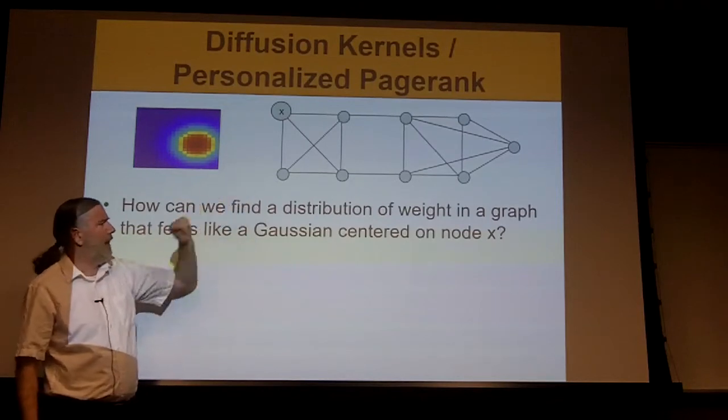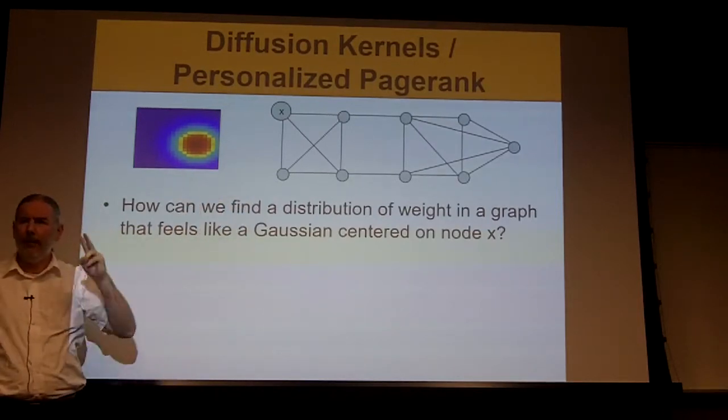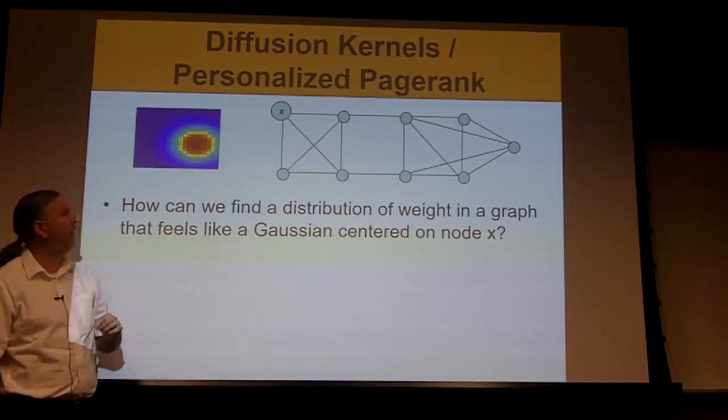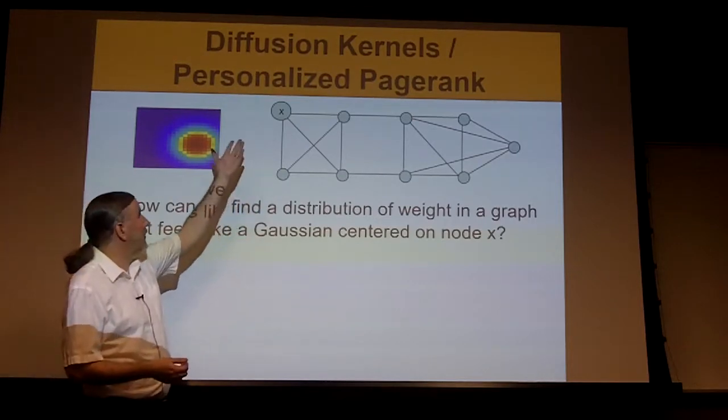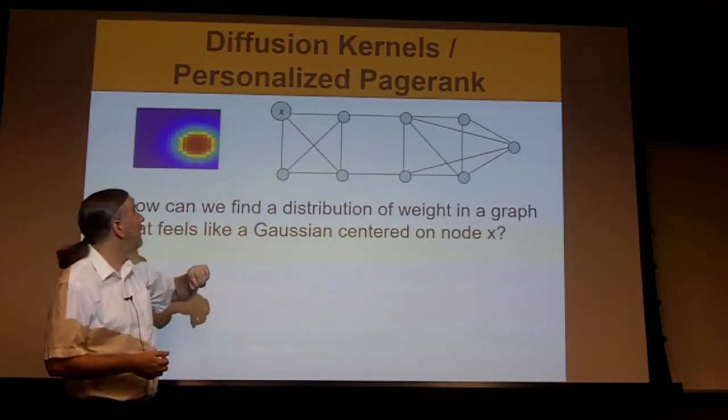What's the analog of that in a graph? So what if I want to draw a Gaussian distribution around node X? It turns out that we can develop a well-founded notion of that and make what sometimes is called a diffusion kernel. There are different names for it.